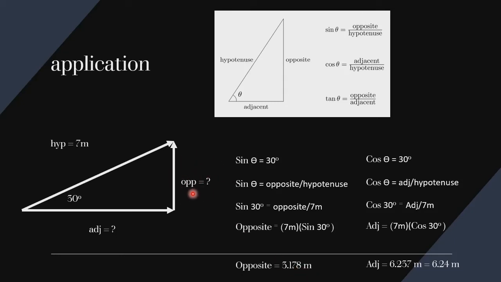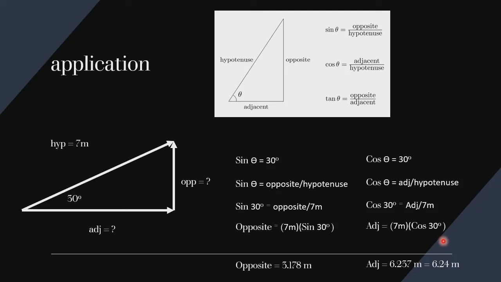And how about the adjacent? For the adjacent, you can make use of this formula. Cosine theta, with theta at 30 degrees again, is by this formula adjacent over hypotenuse. So cosine 30 is equal to adjacent over 7 meters. To solve for the adjacent, we multiply 7 meters, our hypotenuse, by cosine 30 degrees.